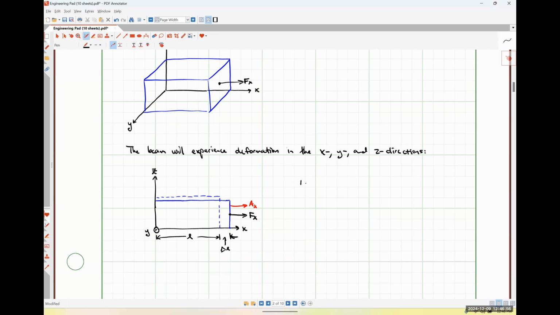So this is what's known as a longitudinal strain. And this is a relative change in length due to applied stress.